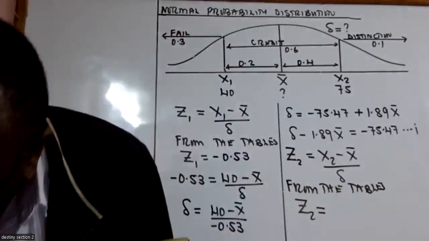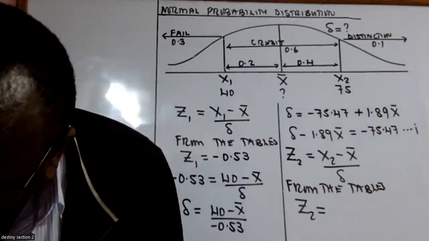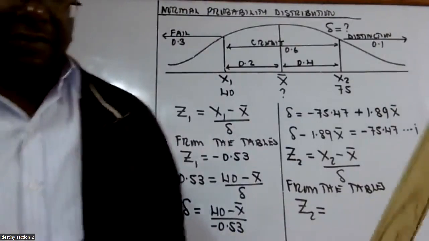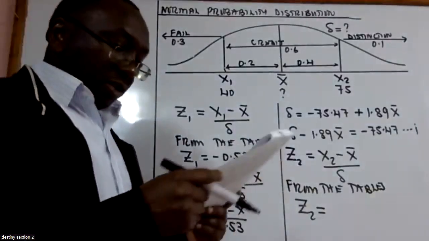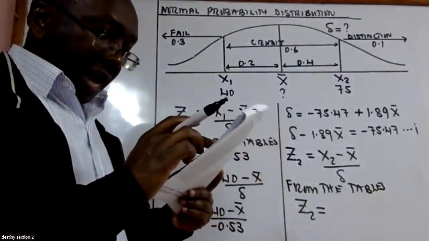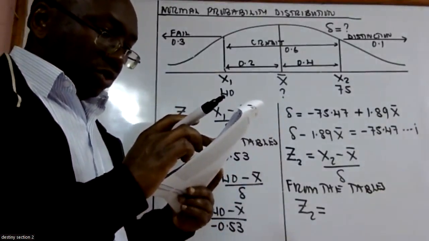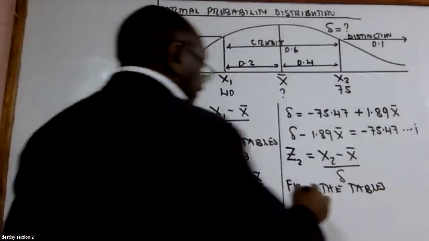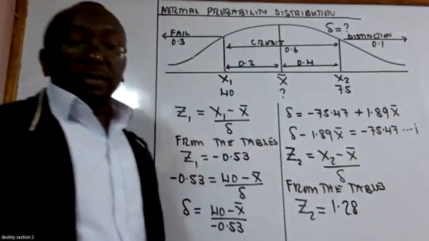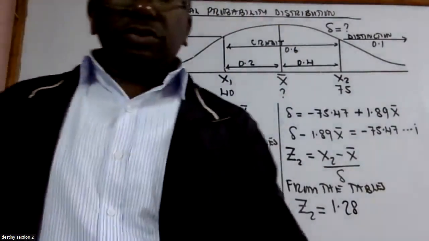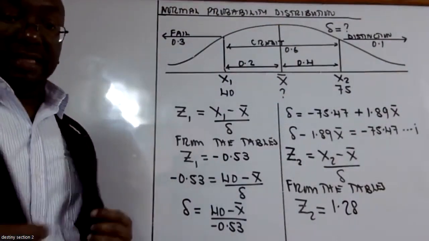Ukichukua hiyo ya 97 umebakisha 3 points, lakini ukichukua hiyo ya 15 umepitisha na 15 points. So I would prefer we take hiyo ya 0.3997 so that we take 1.28. But even if you took 1.29, there will be no much difference. It is still acceptable.